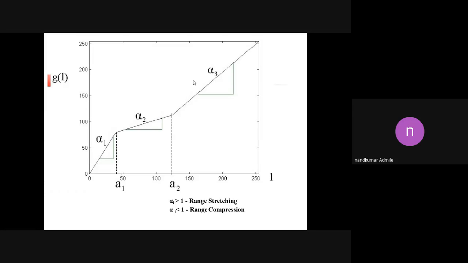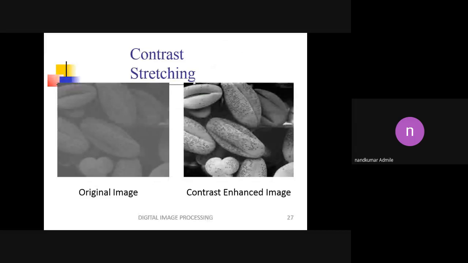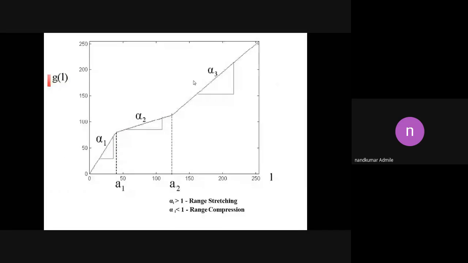So in that particular range, the image will look bright, or the image will look dark. Okay, so here we can take an example of contrast stretching. Depending on the range, suppose we consider any one range, it might be from 0 to A1, or A1 to A2, or A2 to A1. Okay, so it looks like that.